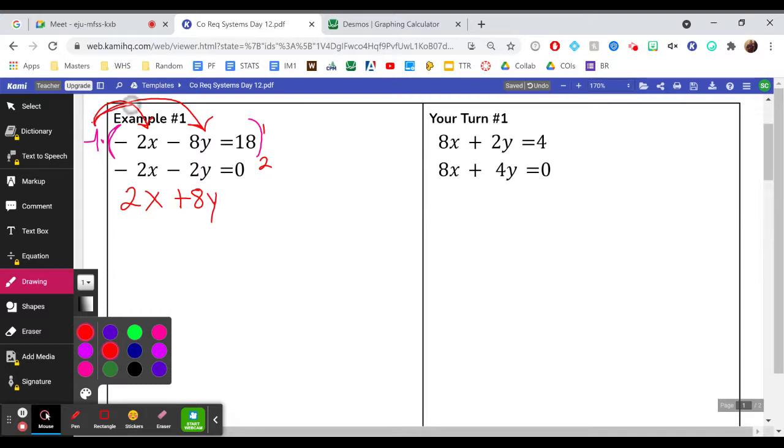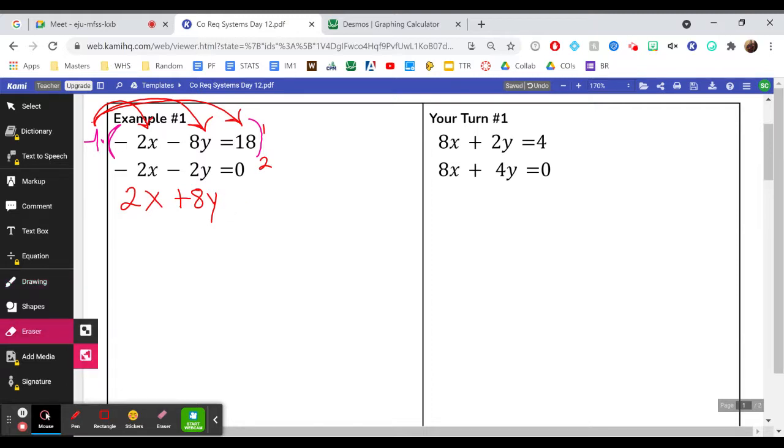And then -1 multiplied by 18 gives me -18. The 18 is originally positive, but multiplying by -1 turns it into -18.